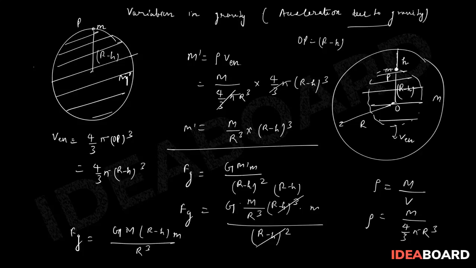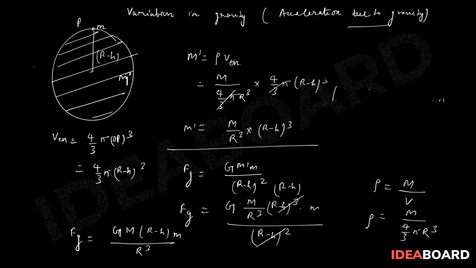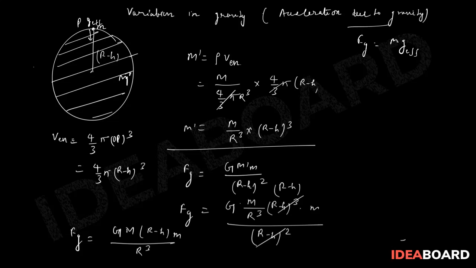Now we know that the value of Fg will be given by m into G effective. So at this moment, if the acceleration due to gravity is G effective, then I can write Fg is nothing else but m into G effective.